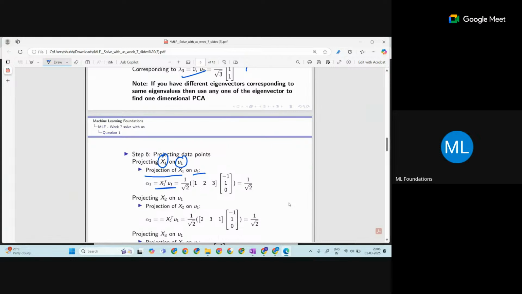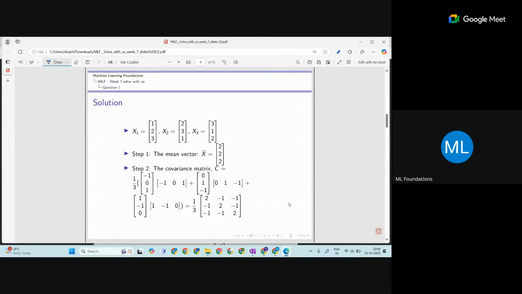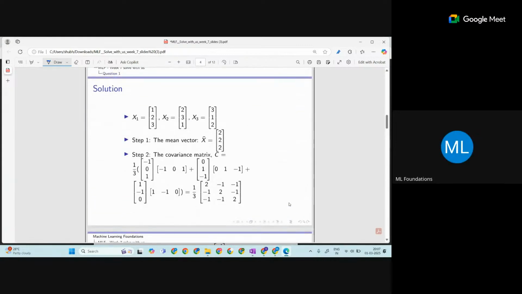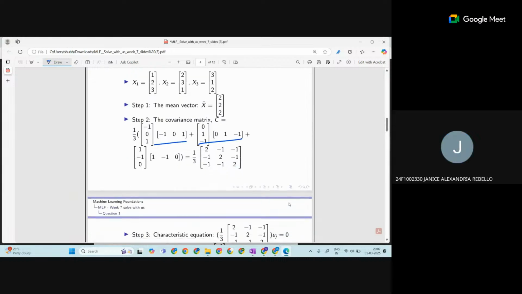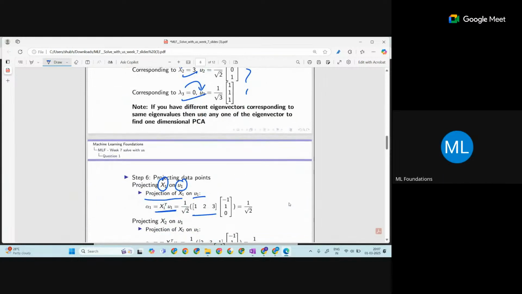So project on there. This is what you get. What is matrix A here? Matrix A is your covariance matrix. Okay. So projection is on this.